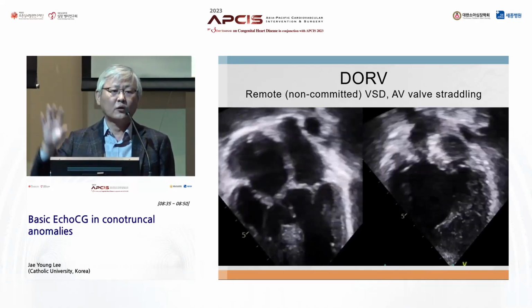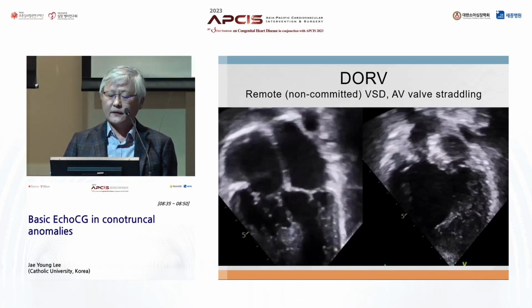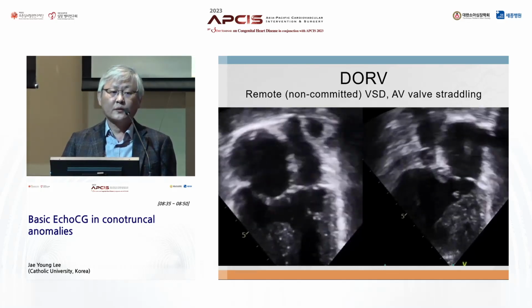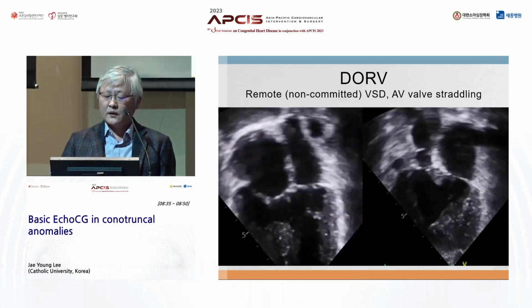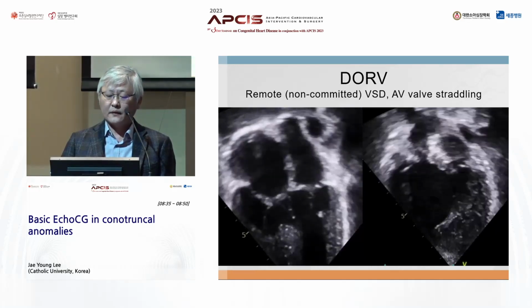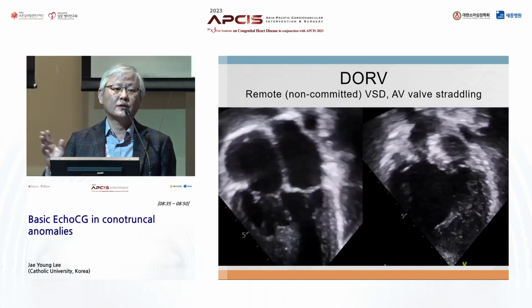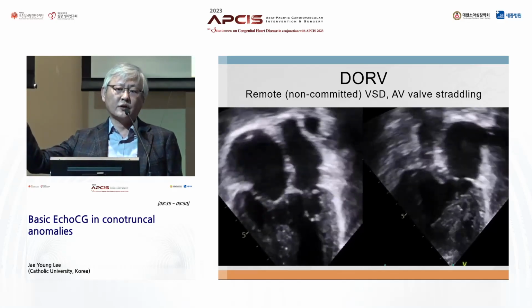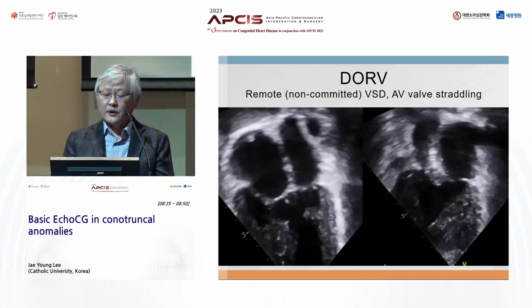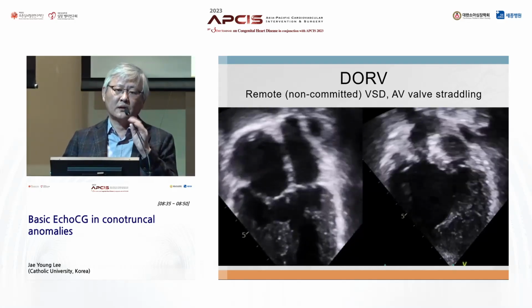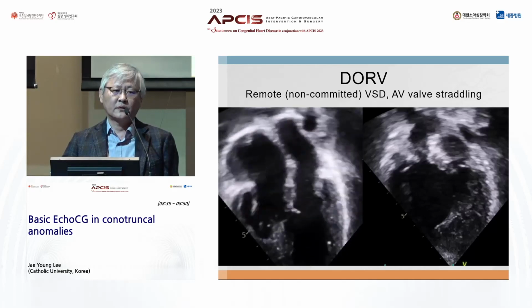And again, the oblique view showing the interventricular septum, some part of the aortic valve, and stenotic pulmonary valve. Again, the mitral valve tension apparatus is inserted to the right side of the interventricular septum. This is the same patient. So this mitral valve is type B straddling of mitral valve.